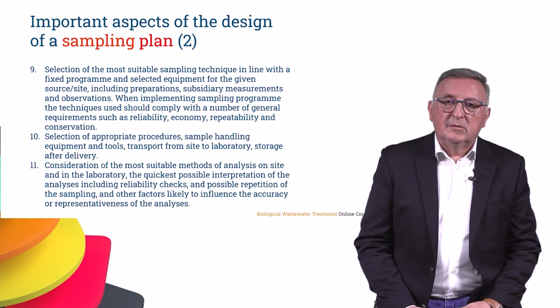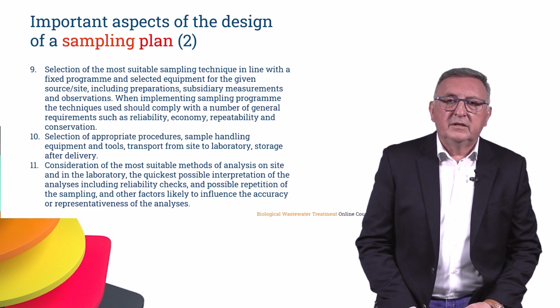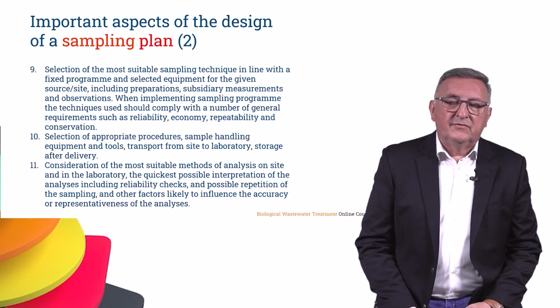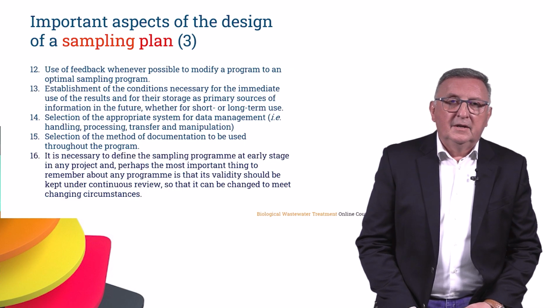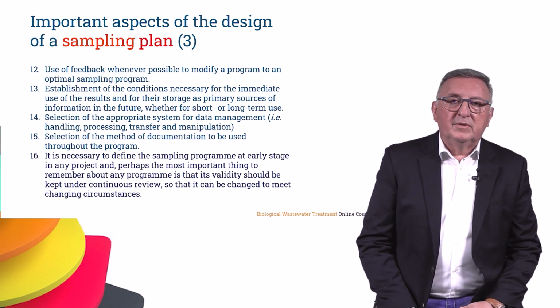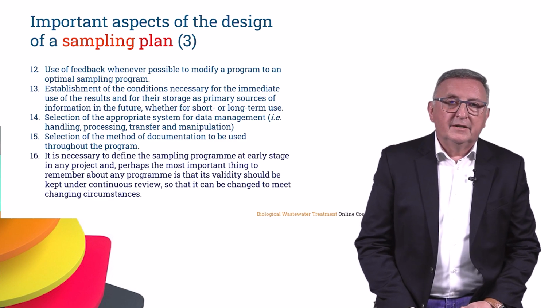Consideration of the most suitable methods of analysis on site and in the laboratory, the quickest possible interpretation of the analysis, including reliability checks and the possible repetition of the sampling and other factors likely to influence the accuracy of representatives of the analysis, is very important as well. And finally, use of feedback whenever possible to modify a program to an optimal sampling program is really required.